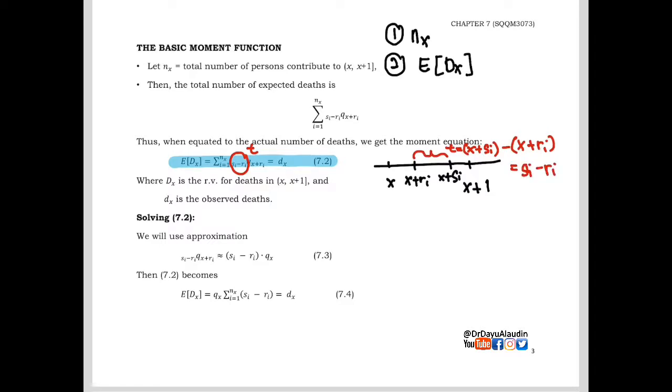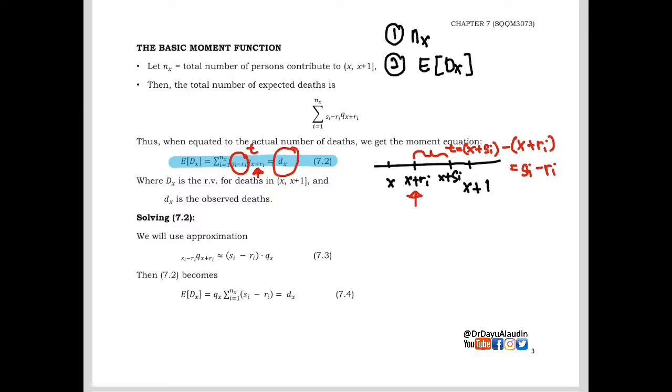So t is SI minus RI, and the current age starts from x plus RI. So the expected number of deaths for x is the probability of death from x plus RI to x plus SI, where t becomes SI minus RI. It is equal to dx, the actual number of deaths.